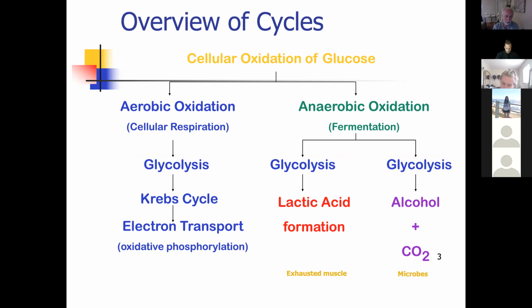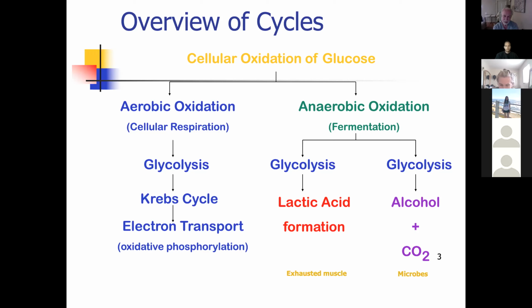Aerobic respiration involves glycolysis, the breakdown of glucose. It involves the Krebs cycle, then electron transport, which feeds electrons into oxidative phosphorylation, which is chemiosmosis.